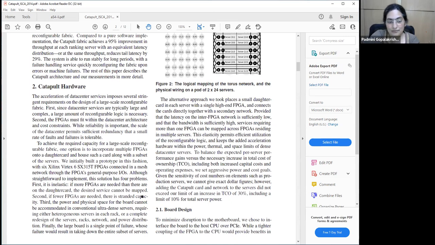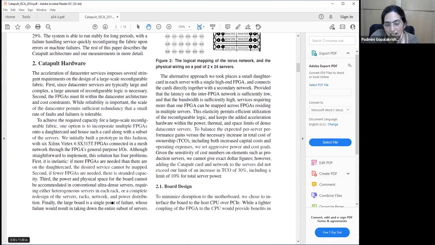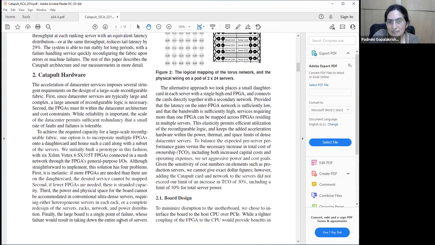And then finally, they talk about reliability. The large board is a single point of failure. If that board fails, then because that single board is connected to, let's say, 6 servers, I have 6 FPGAs connected to a subset of servers. Then, if the card fails, I will have to take down that entire set of servers.